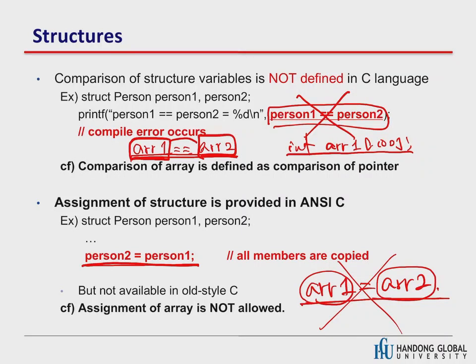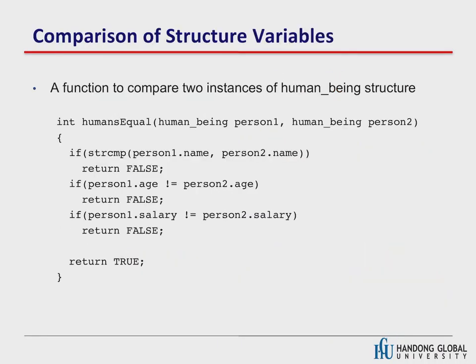We can compare two arrays' addresses, but we cannot compare two structures. And we can assign between structure instances, but we cannot assign between arrays.